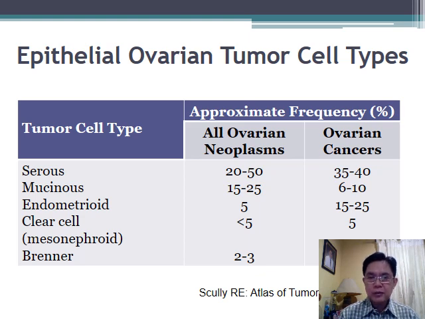The second most common would be endometrioid adenocarcinoma, and the third most common would be mucinous adenocarcinoma. You will also see that clear cell carcinomas are quite rare in a benign form. However, they have a higher incidence among malignant ovarian tumors.